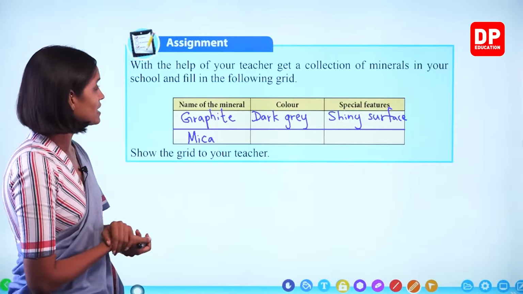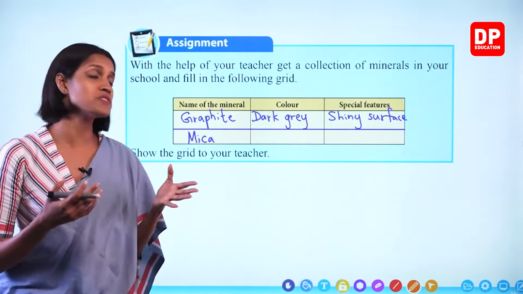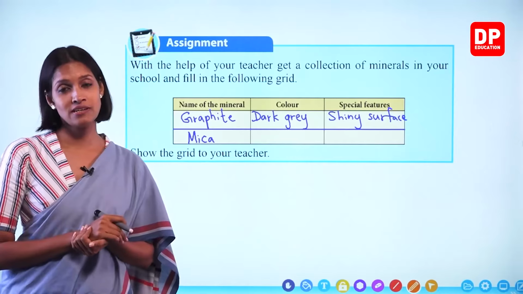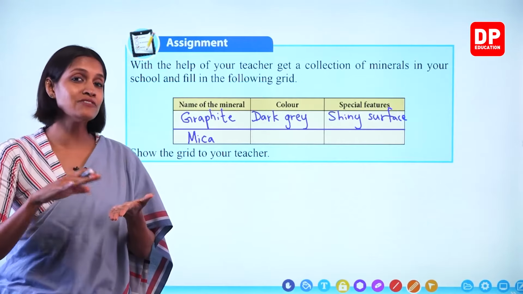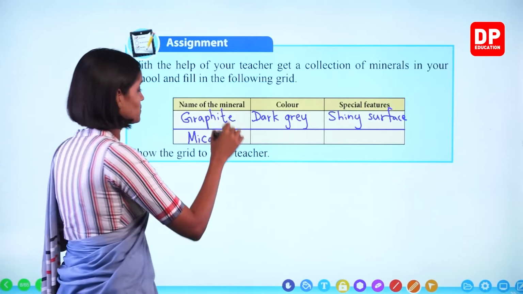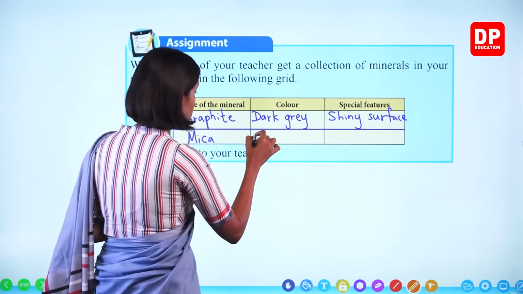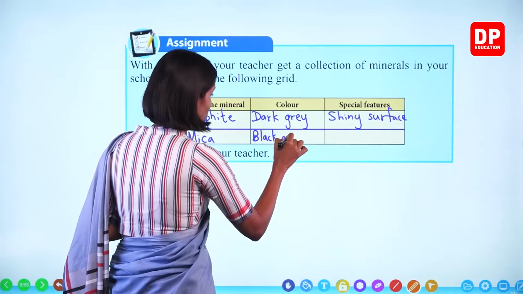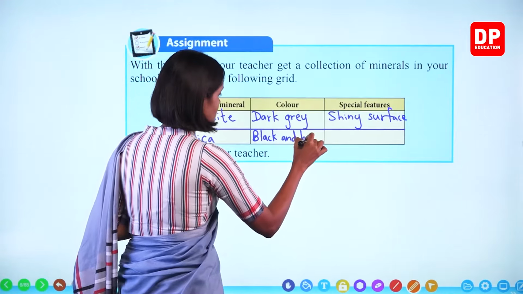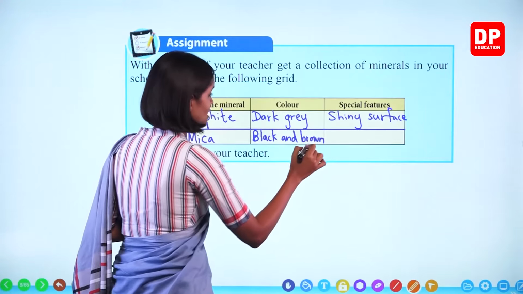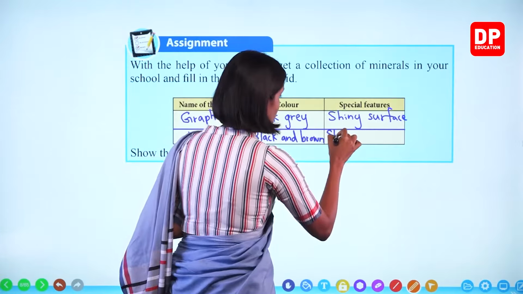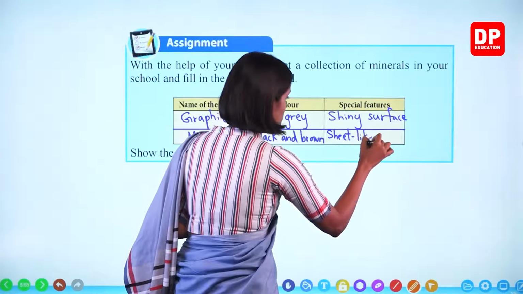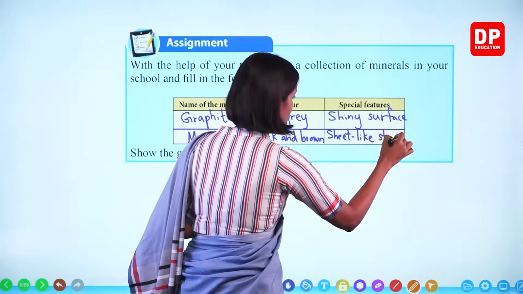And what were the other features? You observed that it was a sheet-like structure. It had layers and it was a sheet-like structure. We will write what we observed. Black and brown. So it had a sheet-like structure.